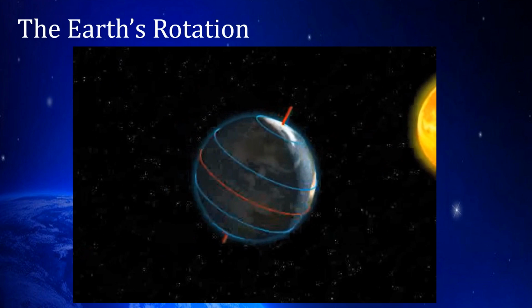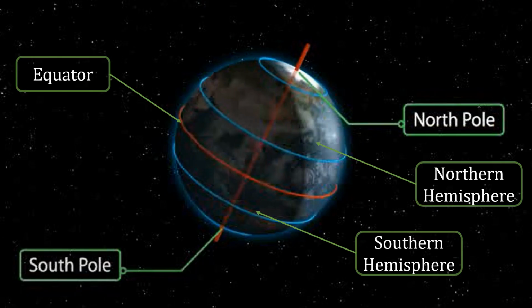Children, now if a circle were drawn around the surface of the earth exactly in between the north and south pole, it would divide the earth into two equal parts.